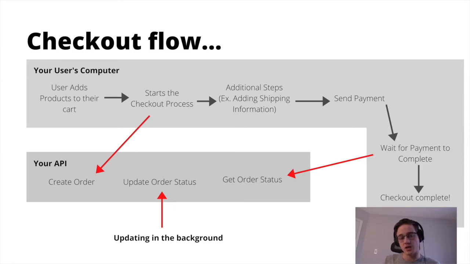The red arrows in this case represent the API calls that we're going to be doing. We're going to be creating 3 endpoints. The first one is create order, which represents what products they're buying, the amount that we're charging them, and there's going to be the idea of status on that one. So they hit start the checkout process, and we create the order.